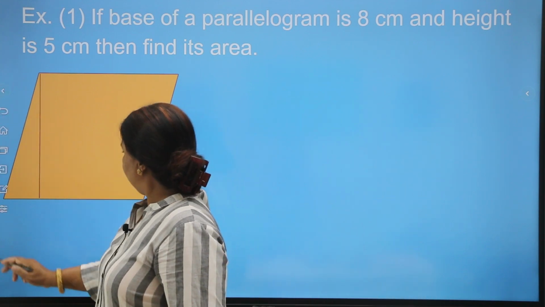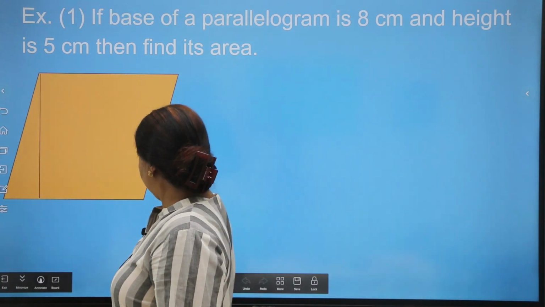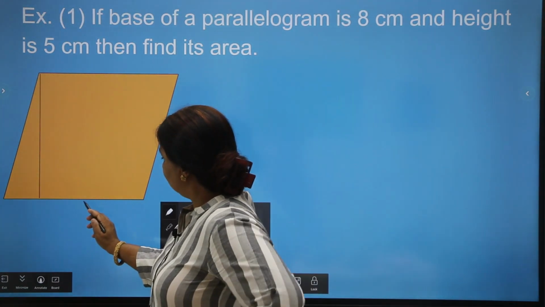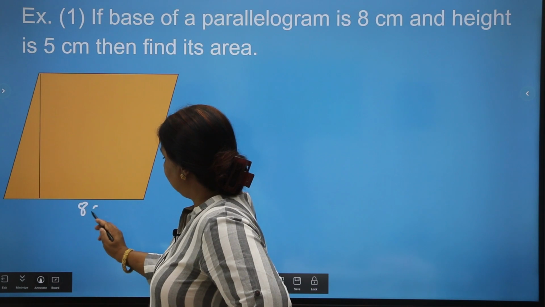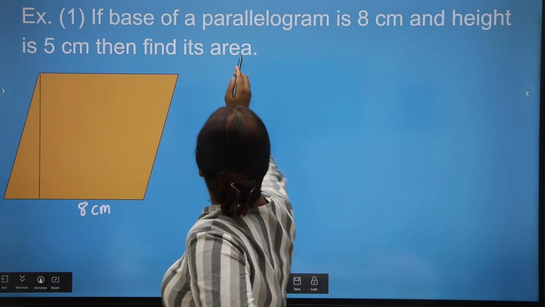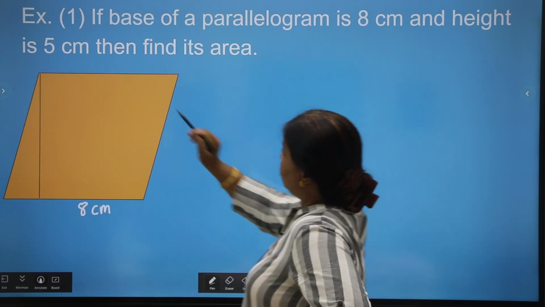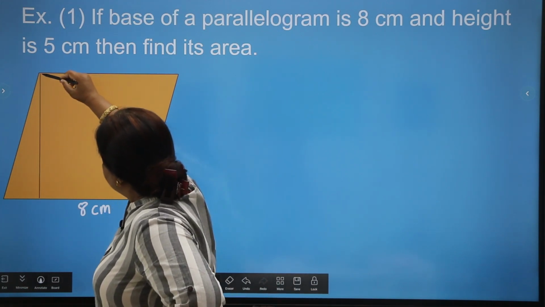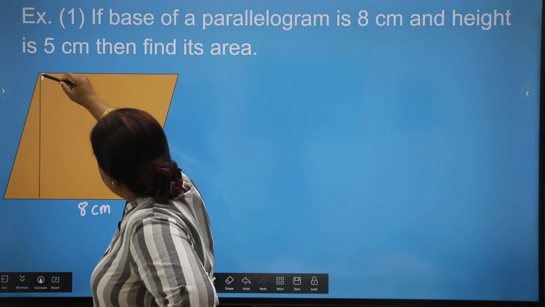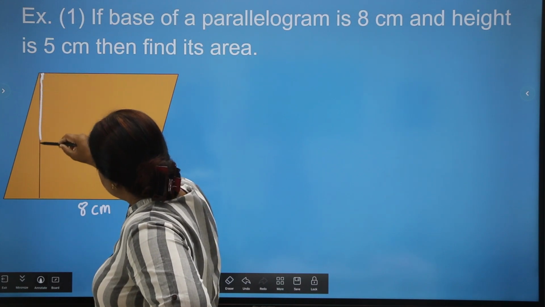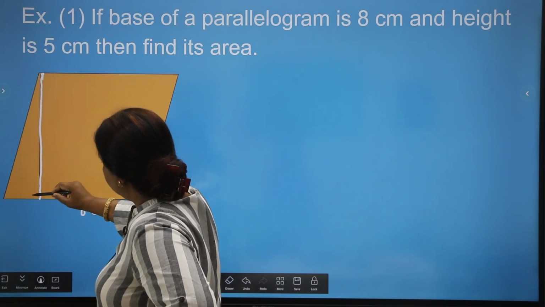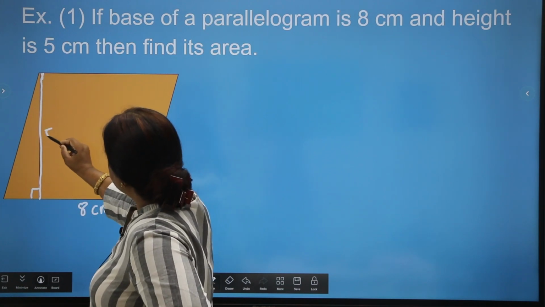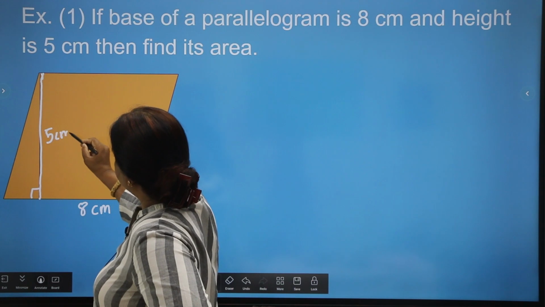So let me write the base of the parallelogram. This is the base, children, 8 centimeter, which is given in your question, and the height of the parallelogram is 5 centimeter. You can see this which is drawn already. Let me trace it. This is nothing but the height of the parallelogram, and this is given as 5 centimeter.